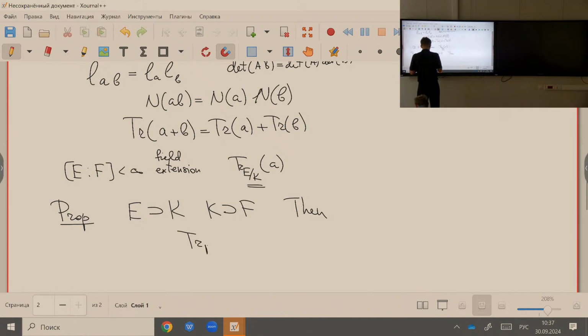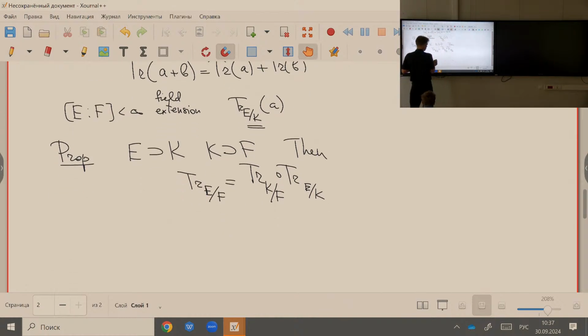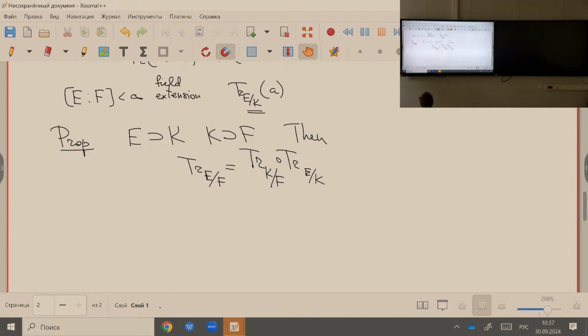The trace of E over F can be obtained as: first you take the trace E over K, and then you compose it with the trace of K over F. And this tells you that the trace behaves well under field extensions.